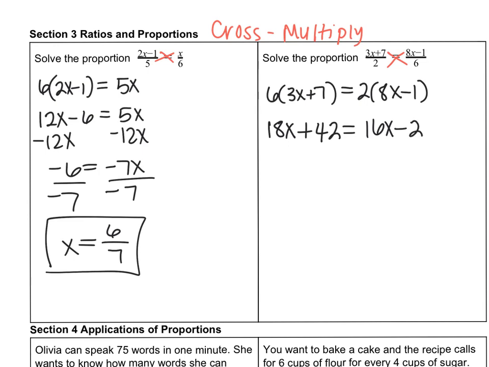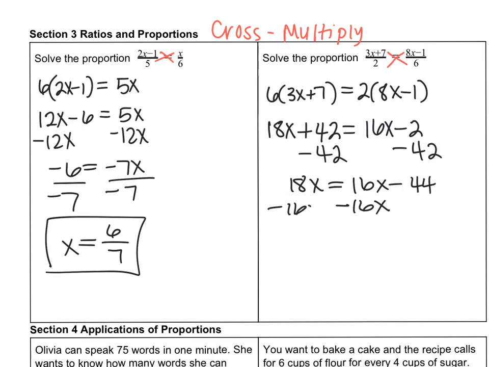I'm going to subtract 42 from both sides. 18x equals 16x minus 44. Subtract 16x. We get 2x equals negative 44. Divide by 2. x equals negative 22.